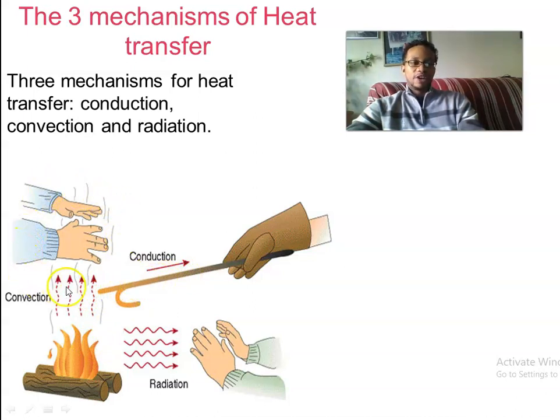Then we talked about convection, where a person puts their hands over the fire and feels the heat wave rising to their hands or face, and you feel it directly coming up. And lastly, we talked about radiation, where you feel the heat radiating towards you. Okay? Because remember, heat travels from warmer areas to cooler areas, right? And it does that until it reaches thermal equilibrium. Right?